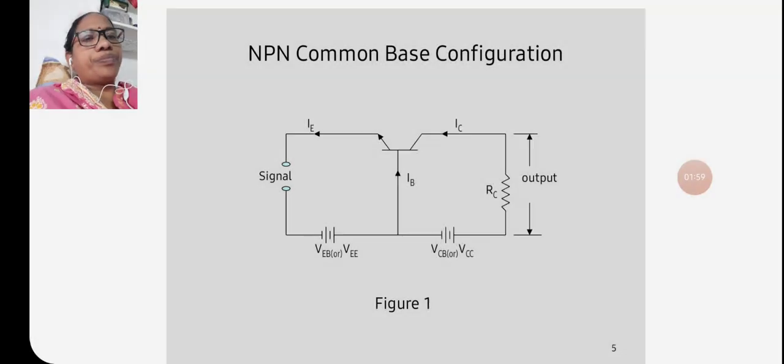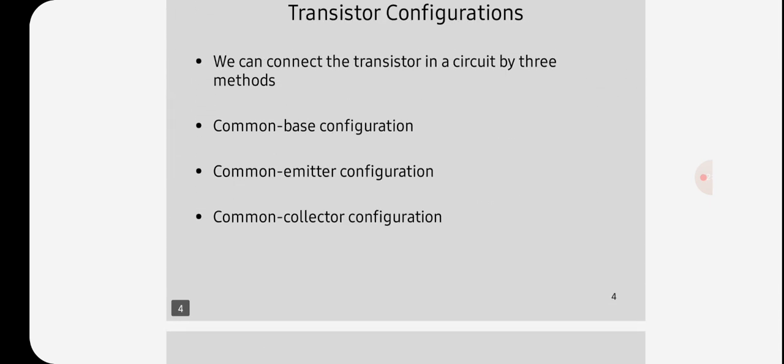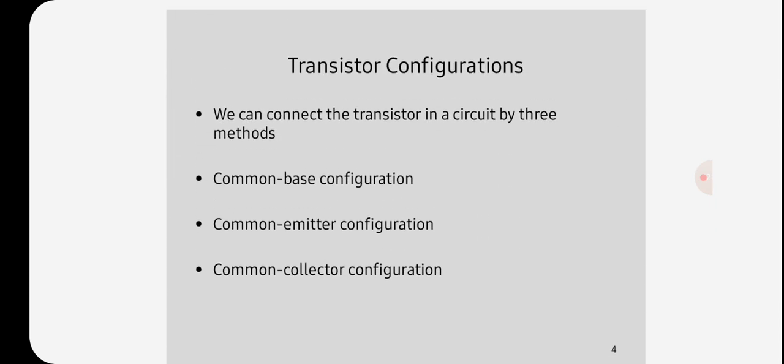In transistor configuration, there are three leads in a transistor: emitter, base and collector. However, when a transistor is to be connected in a circuit, we require four terminals, two for the input and two for the output.